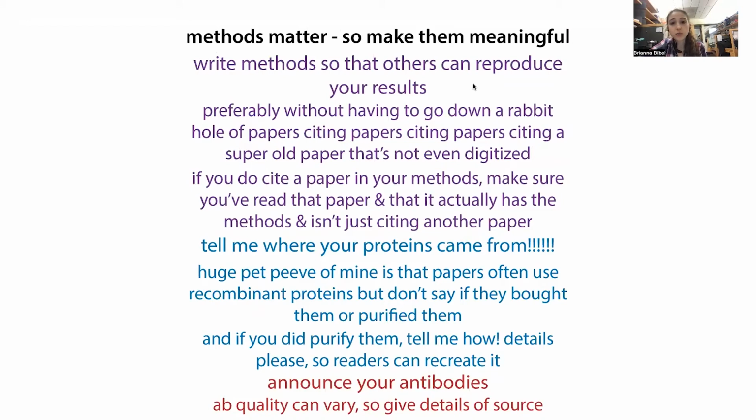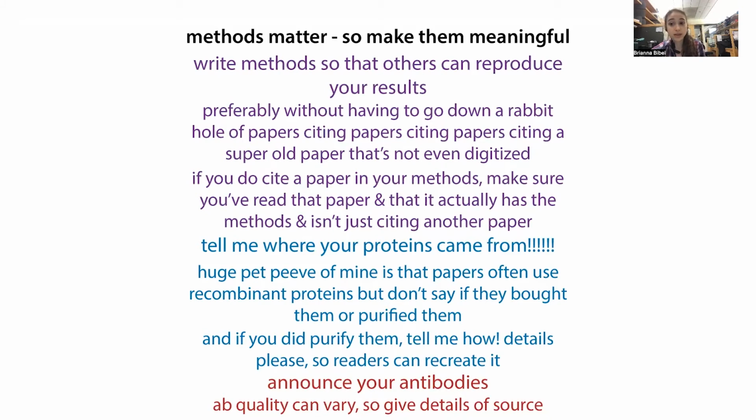Okay. So with the methods sections, what should be in them? They should be written so that others can reproduce the results, preferably without having to go down one of those rabbit holes, as I was mentioning, where people are often citing a super old paper that's not digitized. If you do cite a paper in your methods, make sure you read that paper and it actually has the methods.